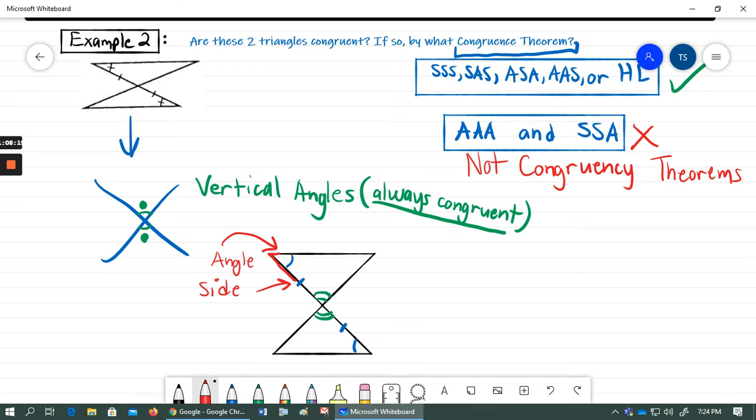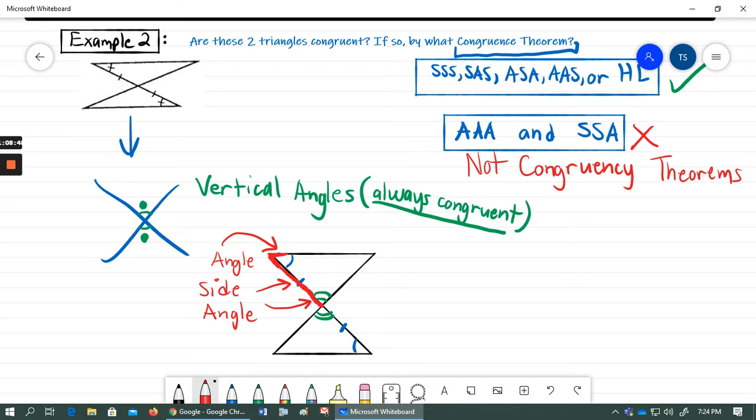So we got angle, side. And now if we keep going along that triangle, the next congruency mark that we get is right here, and this is a congruency mark for an angle, right? Keep going, you get to a congruency mark for a side. Keep going, you get to a congruency mark for an angle.